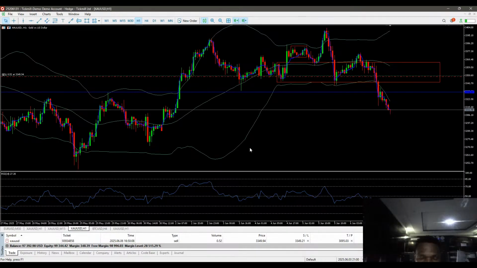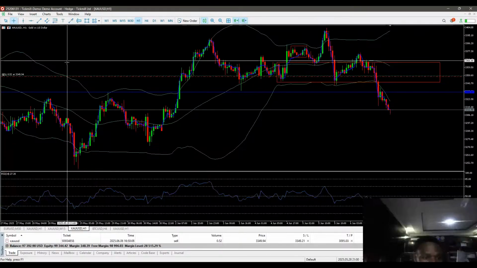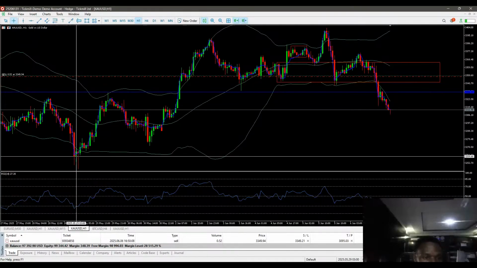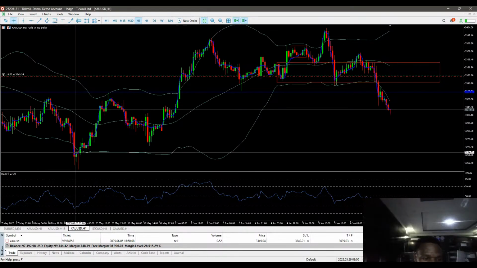Okay, so now to trade with it. We are waiting for RSI to be below 30 for a buy.